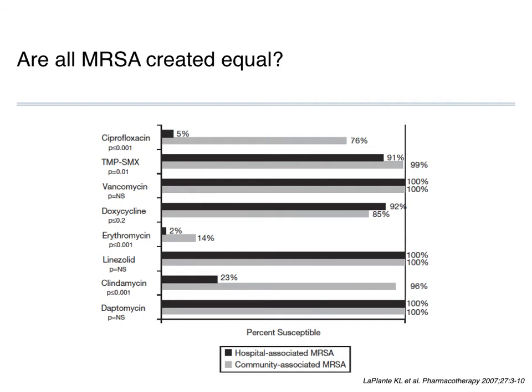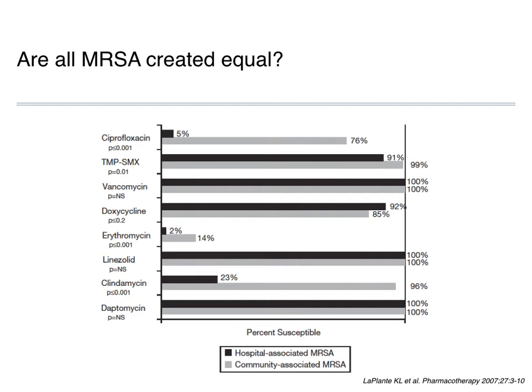Community-associated MRSA is sort of the opposite scenario. In order to develop the ability to produce these terrible toxins that cause so much damage, there was an accompanying cost of resistance. So if you compare hospital-associated MRSA to community-associated MRSA, community-associated MRSA is treatable by many more agents than is hospital-associated MRSA.